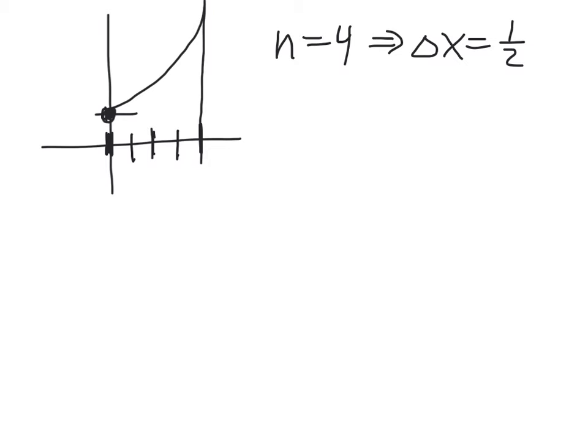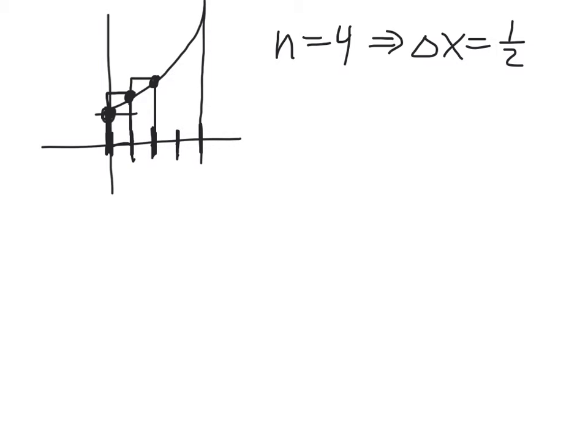But this time we're going to shift to the right endpoints. So instead of drawing our rectangle up to the point 0, 1, we're going to use 1/2, and the length of that rectangle will be f of 1/2. Now that's our first rectangle this time instead of using f of 0. Then our second rectangle, we'll use f of 1 as our height.